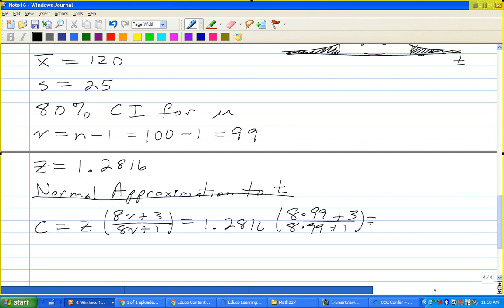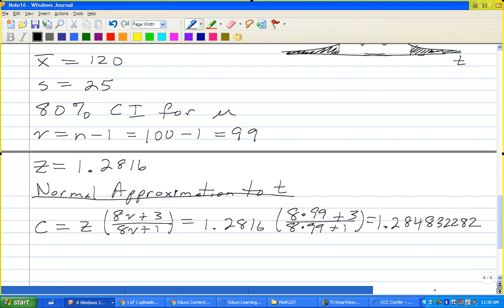Let me plug that into my calculator. So if I plug that into my calculator, I get 1.28483282.